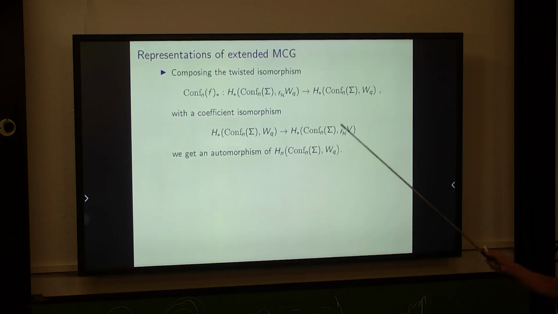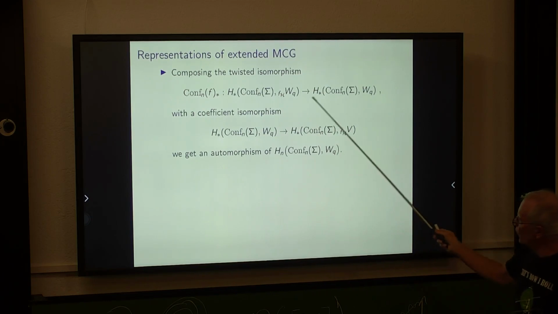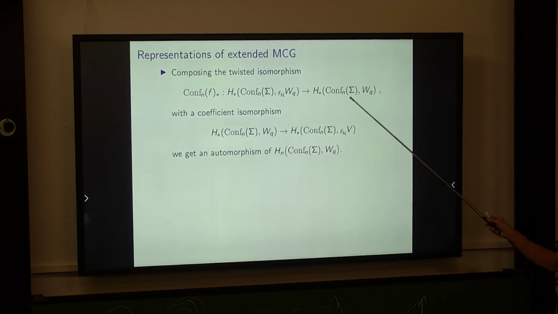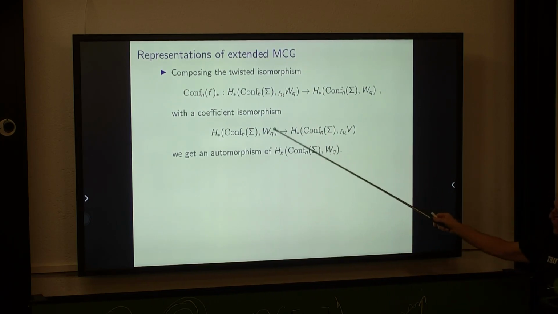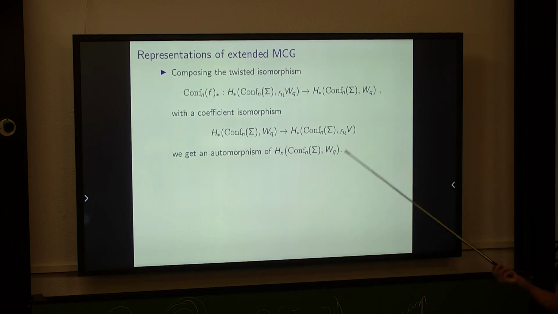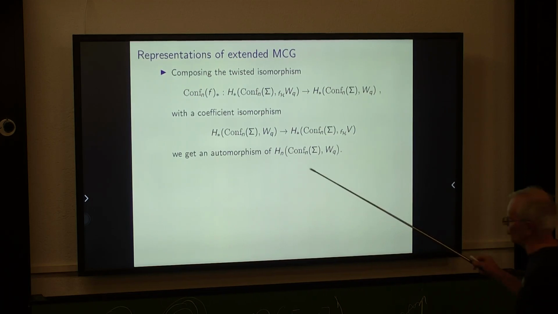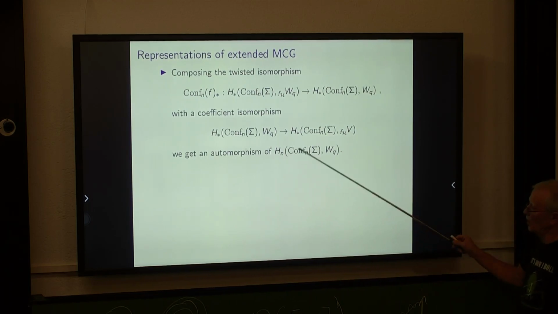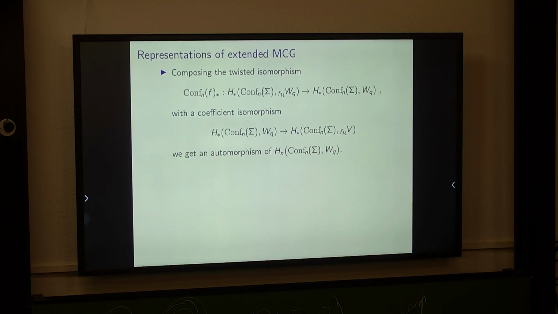And this way, if you compose the twisted isomorphism defined previously with the isomorphism coming from Stone-von Neumann, you get an automorphism of homology of configuration with this local coefficient.